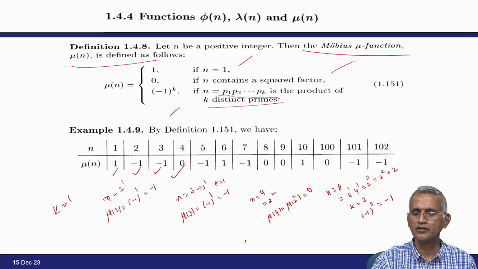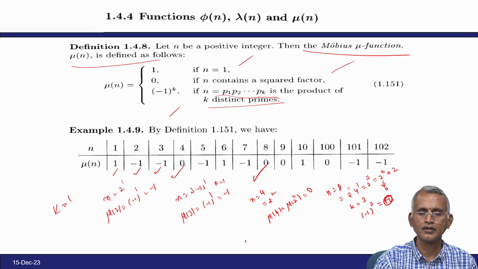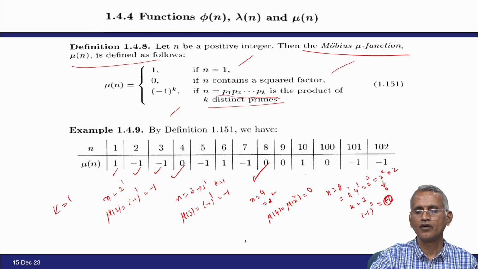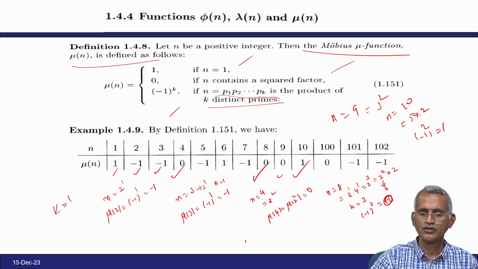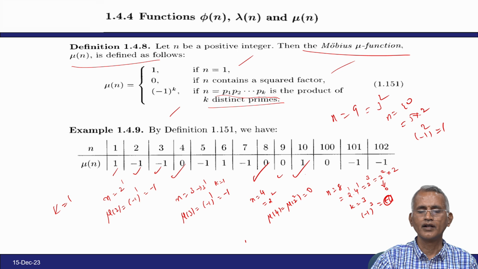Since it is multiplicative, one of the terms equal to 0, therefore the net value is 0. So, be very careful. If one square term comes under a multiplicative, it becomes 0. For n equal to 9, we have 3 square, it becomes 0. For n equal to 10, 5 into 2, therefore 2 factors, minus 1 whole power 2 equal to plus 1. Like that you have to do the Mobius function.